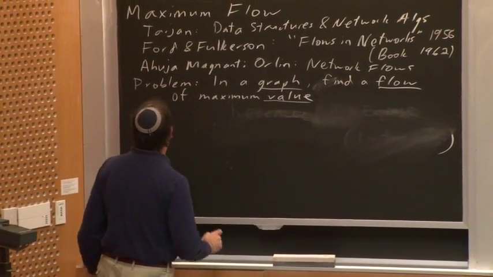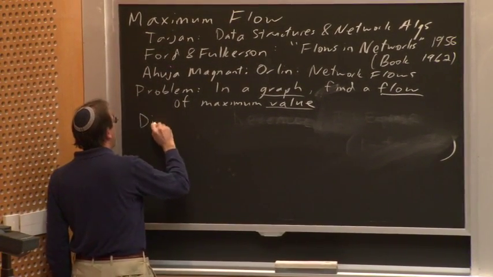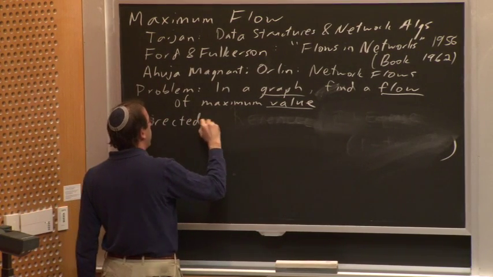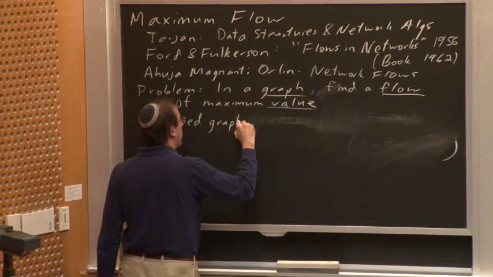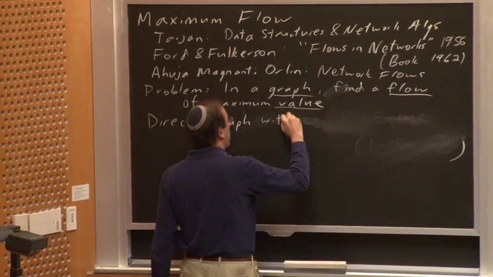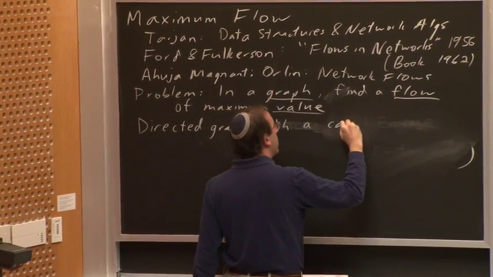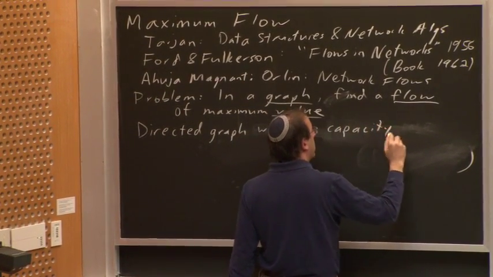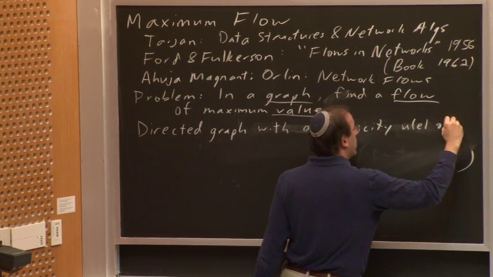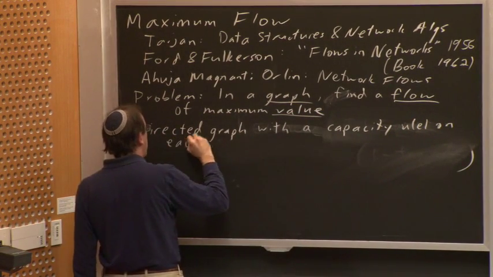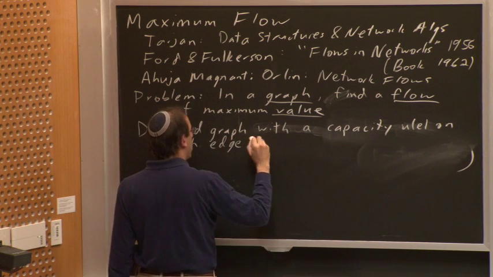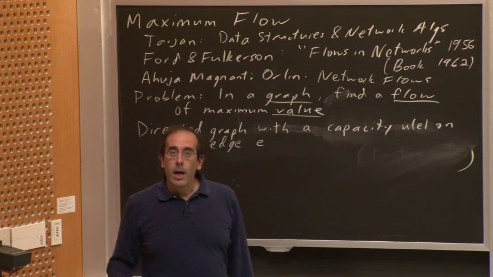So breaking that apart, we're going to be thinking generally about directed graphs with a capacity u of e on each edge e. All right.